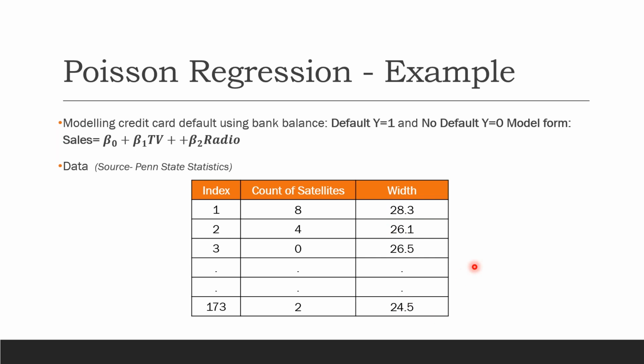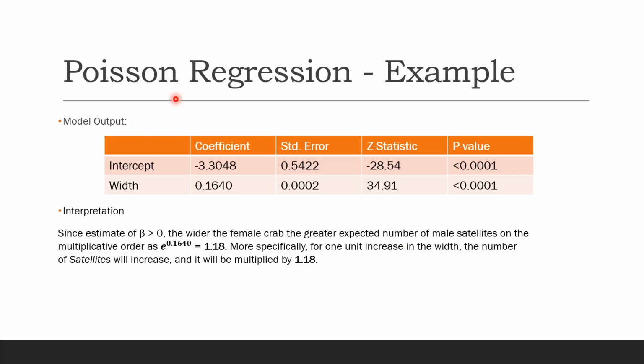We use a Poisson regression to model this, and this is what our results give us. You have the width coefficient as 0.1640. Again, the p-value is less than 0.05, which means that this is significant.